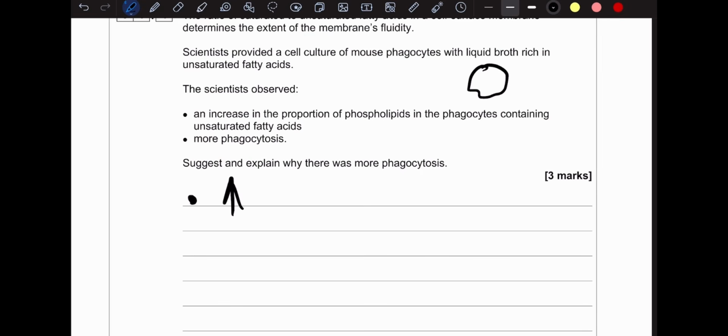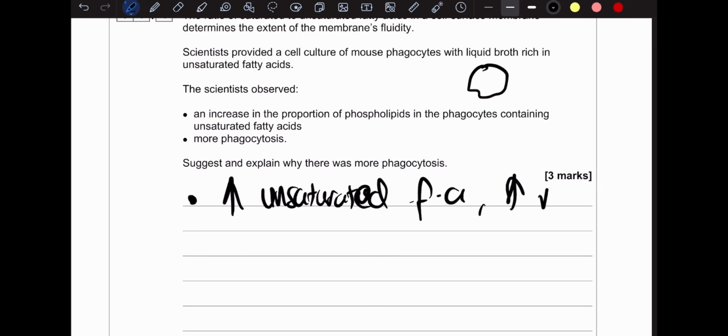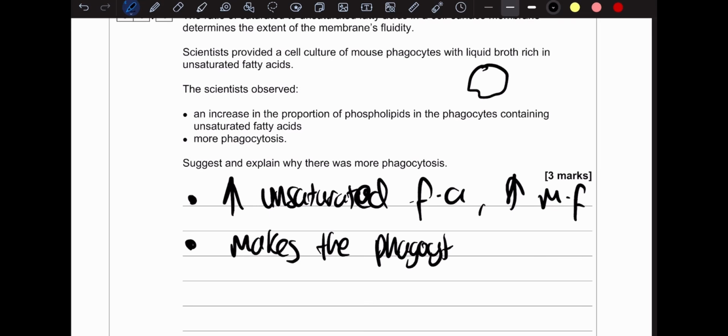So we're increasing the unsaturated fatty acids, right? And that's increasing membrane fluidity. Now this increase in membrane fluidity makes the phagocyte membrane more flexible, right?